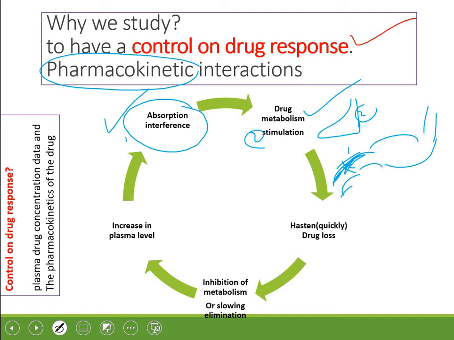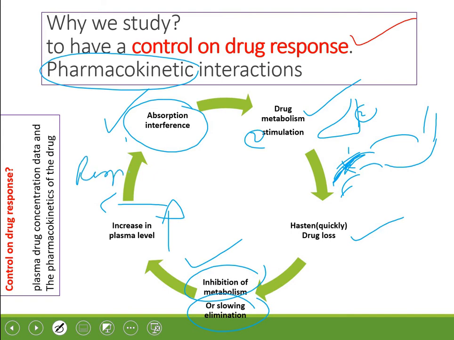And then how quickly the drug is lost and metabolized, this is also a development in metabolism and elimination. Sometimes metabolism is inhibited, meaning the slowing down of the elimination phenomenon, and this could be another possible site of drug interaction, and this will lead to an increase in the plasma level, and subsequently the response may be increased.